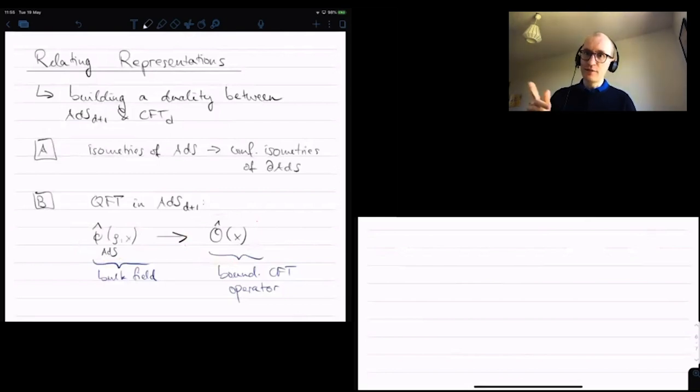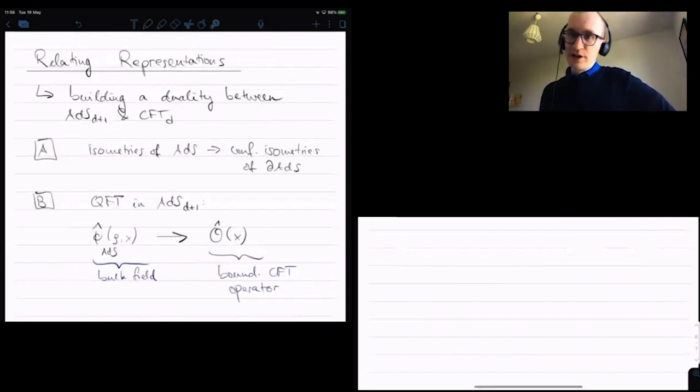But secondly, it also explains my previous remark, which is that the way that I can really constructively establish this duality is only going to be true in the low energy limit. But the major advantage of this AdS approach, rather than the flat space, is that I can also tell you how the UV works, okay? And I will get to that hopefully by the end of this lecture course.